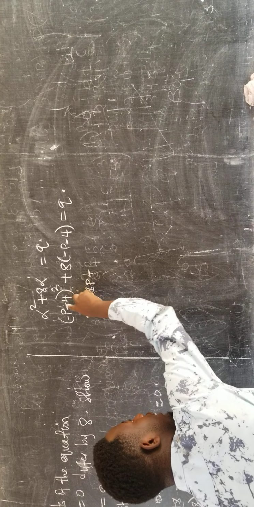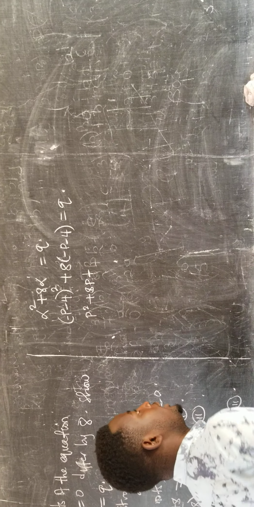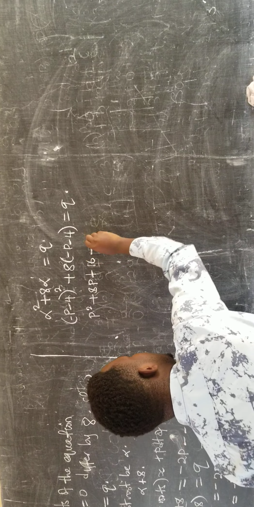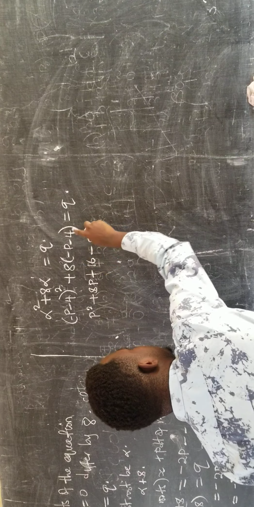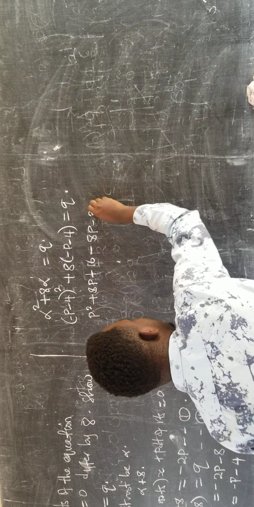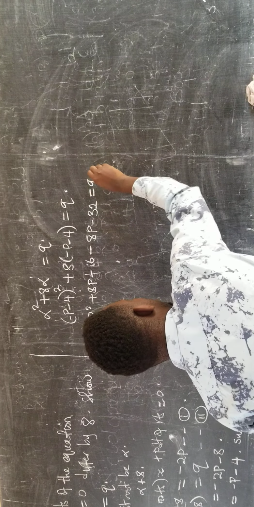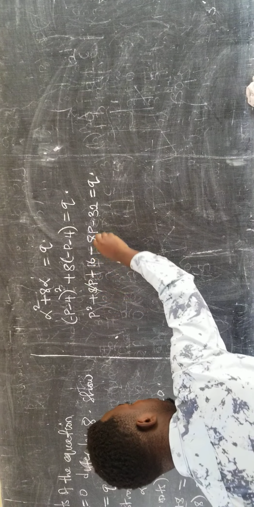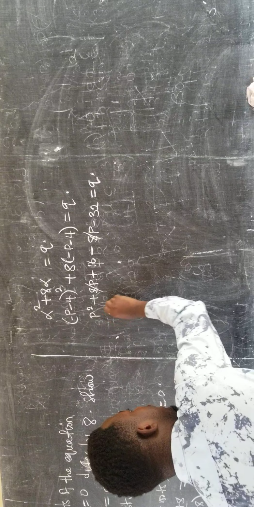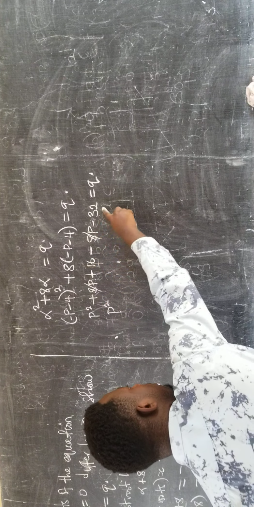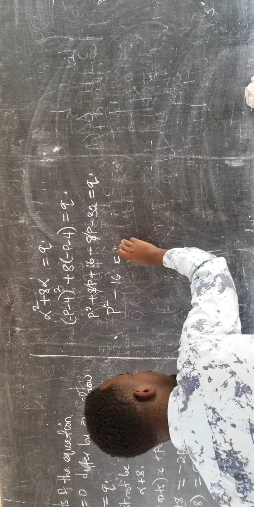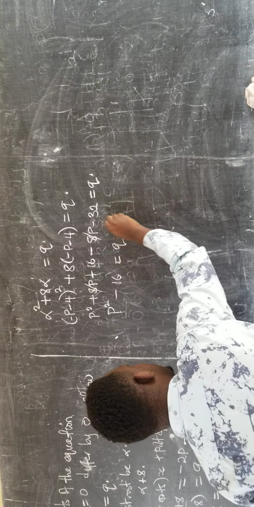Then plus the square of minus 4, which is 16. Then this will be minus 8p, and then that will be minus 32. This one is equal to q. So the 8p will cancel, and I will have p squared. 16 minus 32 will be minus 16, and that is equal to q.